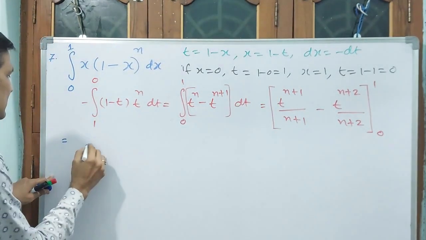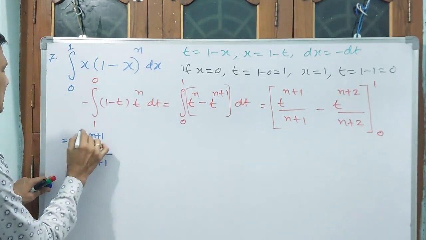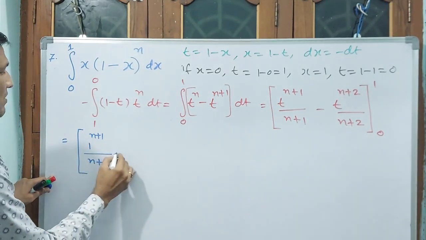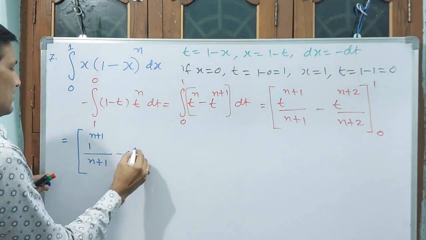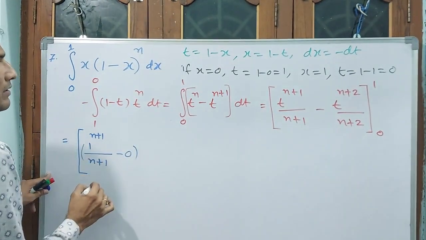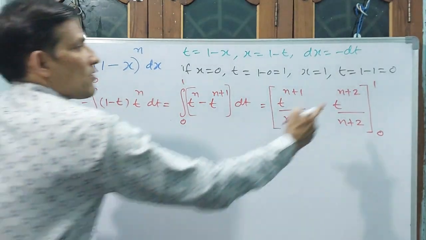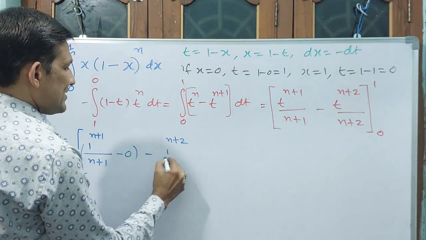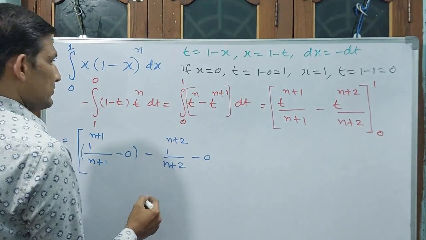1 power n plus 1 divided by n plus 1 minus 0. If you apply 0, it is 0. Okay, this is over. Minus 1 power n plus 2 divided by n plus 2 minus 0.